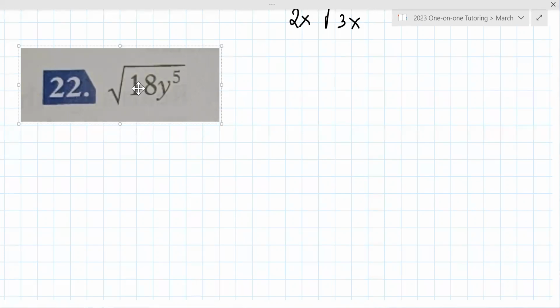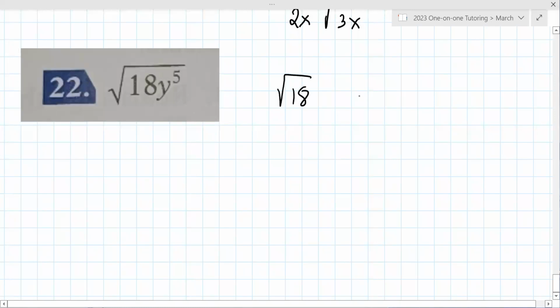You have to do 18 as well, right? Yes, you have to do both. You look at it as square root of 18 and square root of y to the 5th. You do them separately and combine the results.